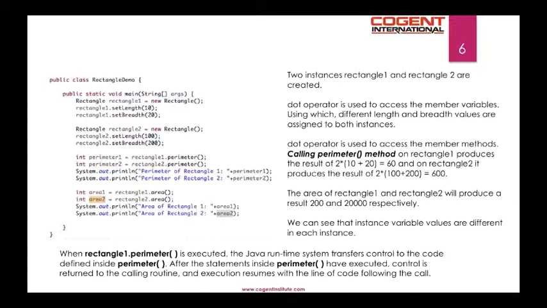We can see that the instance variable values are different in each instance. When rectangle1.perimeter is executed, the Java runtime system transfers control to the code defined inside the perimeter method. After the statements inside the perimeter method have executed, control is returned to the calling routine and execution resumes with the line of code following the call.